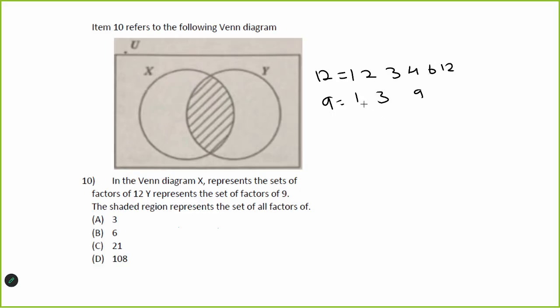What do they both have in common? The shaded region represents a set of factors of, it would be 3. Because they didn't say multiples, they said factors, right? What do factors of 12 and 9 have in common? They have 3 in common, so it'll be A. Everybody good so far?